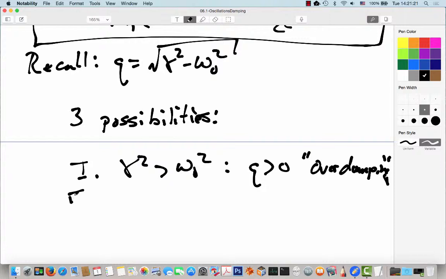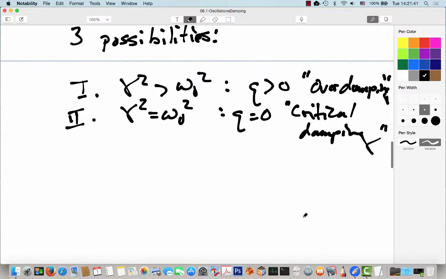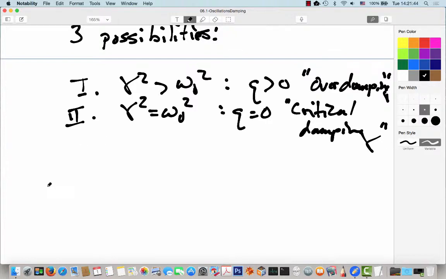All right. Possibility 2 is that they're equal. In that case, q is equal to 0, and we say it's critical damping. And then finally, we have the possibility that gamma squared is less than omega naught squared, which means that q could be imaginary.